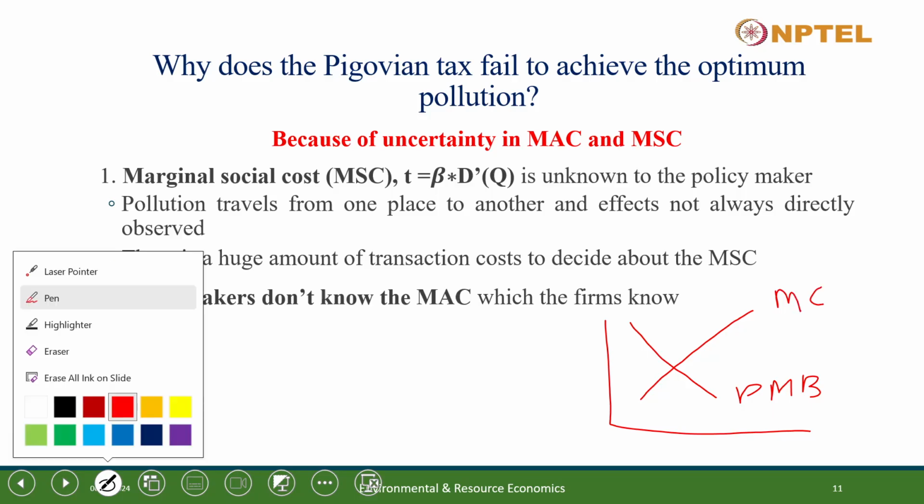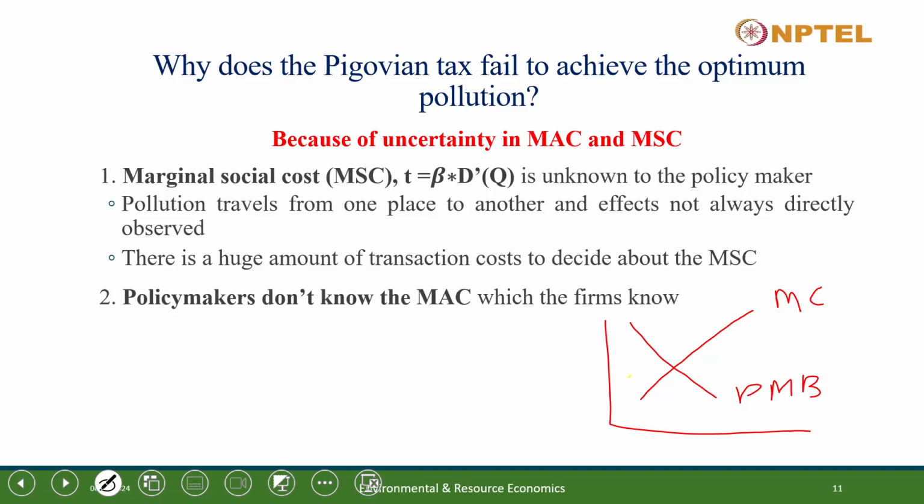However, because of some damage to society, there is an increase: marginal cost plus marginal damage. So this will be the social marginal cost, right? Therefore, the optimum level of production will be at the intersection of social marginal cost and private marginal benefit or social marginal benefit.